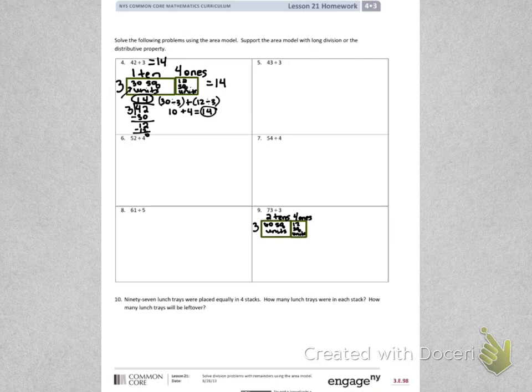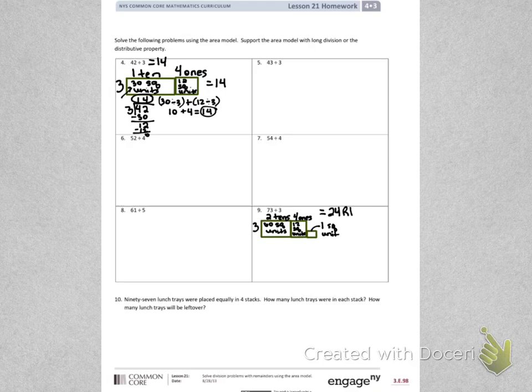So how do we represent that? Well, we put a little extra box on here. And that represents 1 square unit. And that really is our remainder. So our answer is looking to be, when we do the area model, 2 tens and 4 ones, that makes 24. And we had 1 square unit left over, so remainder 1.